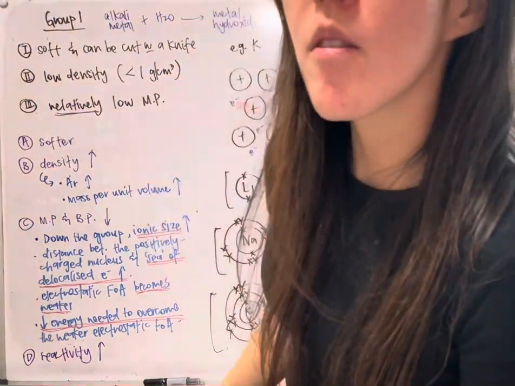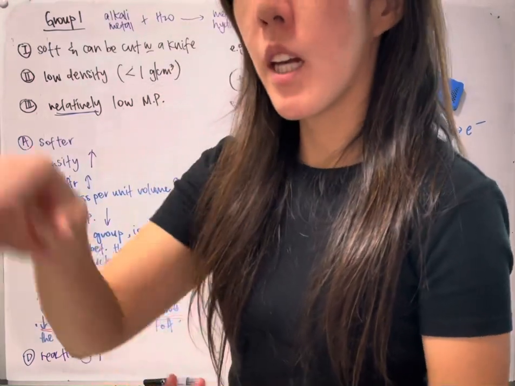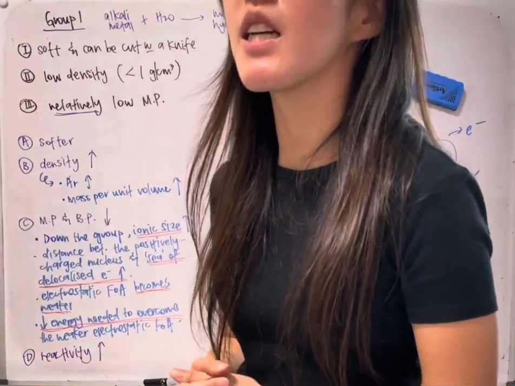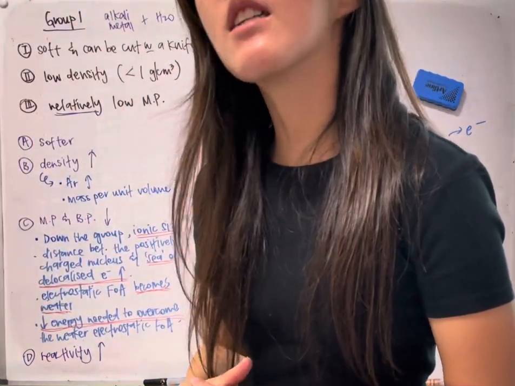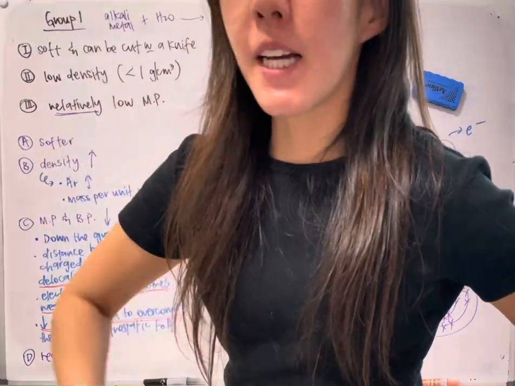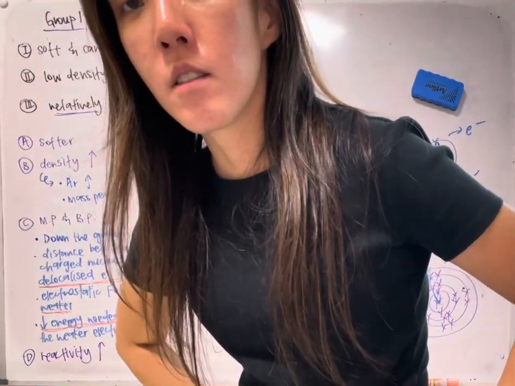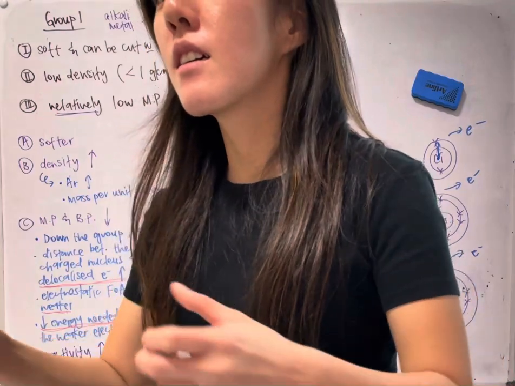Is it the same for group 2? As you go down group 2, does the reactivity increase or decrease? Increase. Explain. Down the group, atomic size increases.